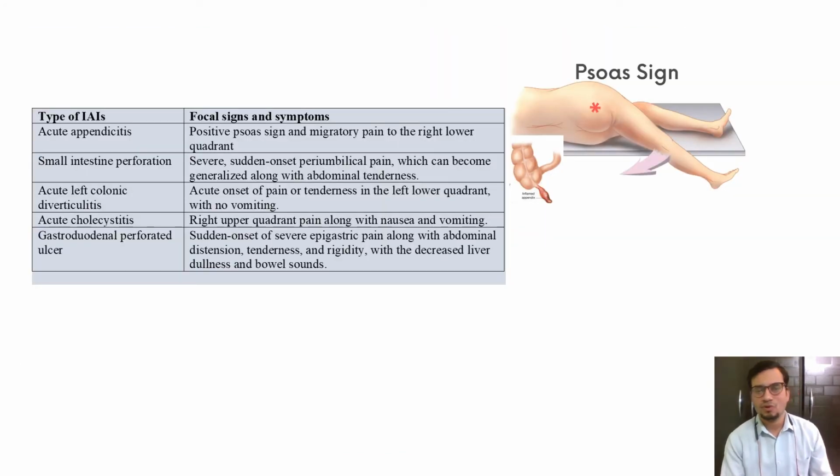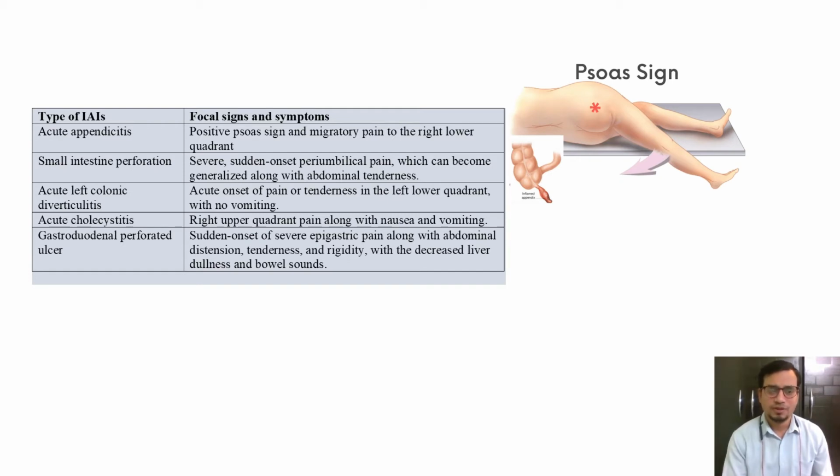So these are the focal signs and symptoms of various types of intra-abdominal infections, various solid organ involvement and perforations, diverticulitis. A lot of signs are there, and we should be aware of them. And when a patient comes to the emergency department, we should be trying to elicit such signs. I would suggest to go for ultrasound straight away and go for CT scan. Don't waste time.